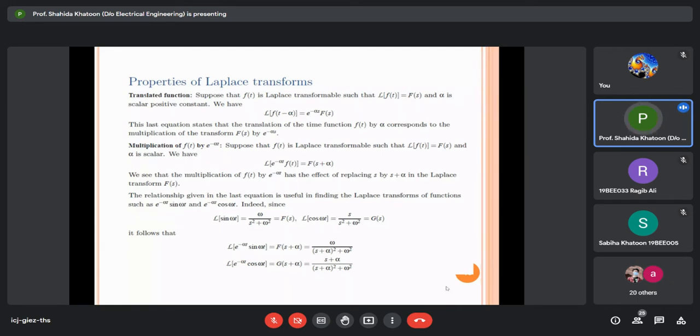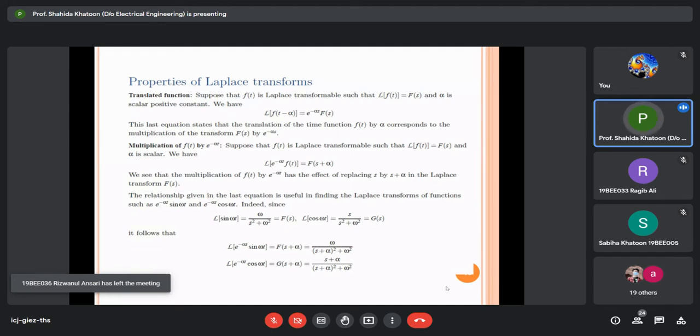Similarly, consider multiplication of f(t) by e to the power minus alpha t. Suppose f(t) is Laplace transformable such that the Laplace transform of f(t) is F(s) and alpha is a scalar. Then the Laplace transform of e to the power minus alpha t f(t) is F(s plus alpha). So multiplication of f(t) by e to the power minus alpha t has the effect of replacing s by s plus alpha in the Laplace transform F(s).